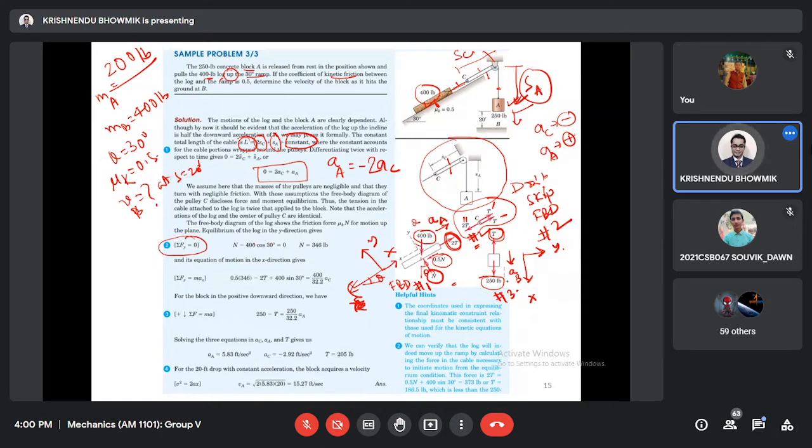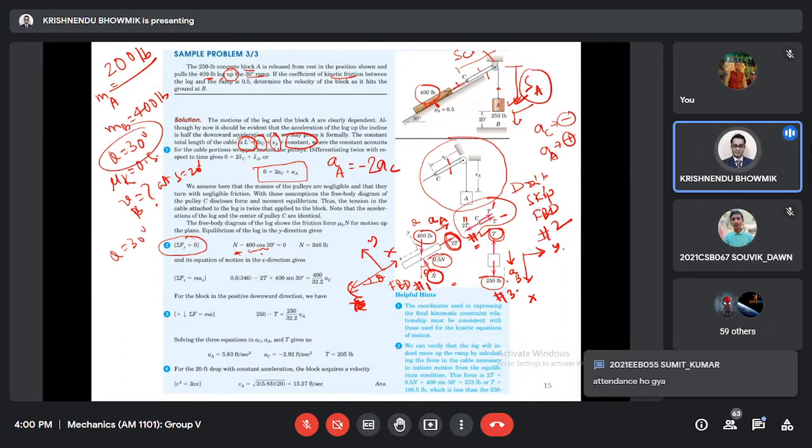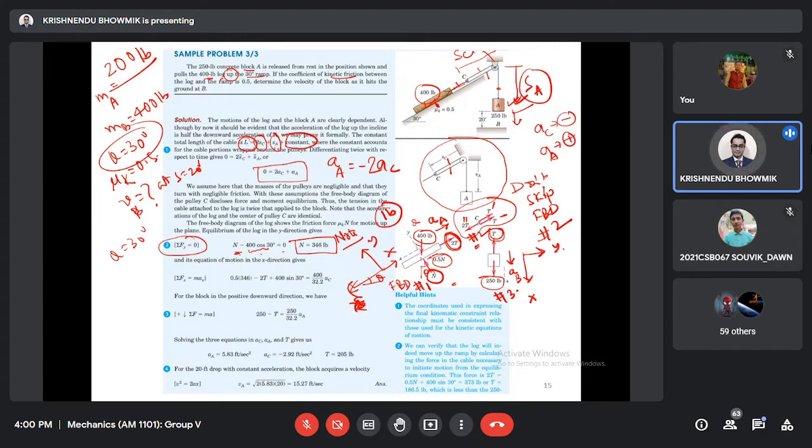So N minus 400 cosine theta, theta equal to 30 degrees. I have written here before. So N minus 400 cosine theta equal to 0, or N equal to 346 pound. Note, we are writing force as pound itself. I am not converting force to poundal. Let it be pound itself.